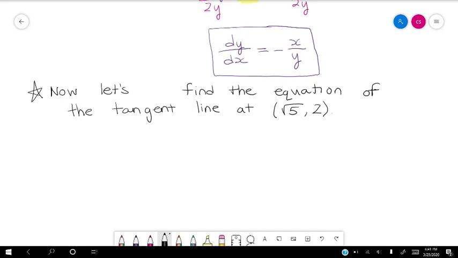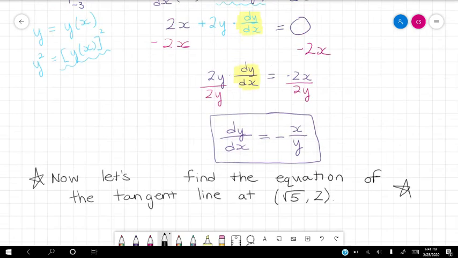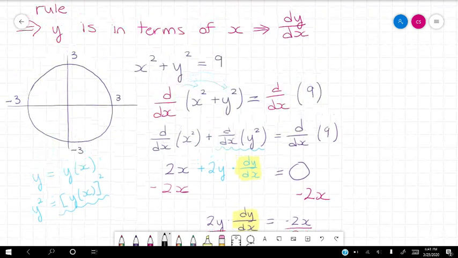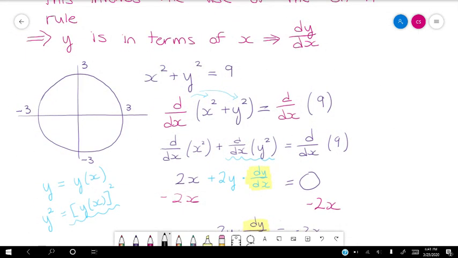And it's the same problem. So if we go up here, root 5 and 2, here we go. Notice that it fulfills our equation. Root 5 squared is 5, plus 2 squared is 4. 5 plus 4 is 9, okay? So it's definitely on our circle.